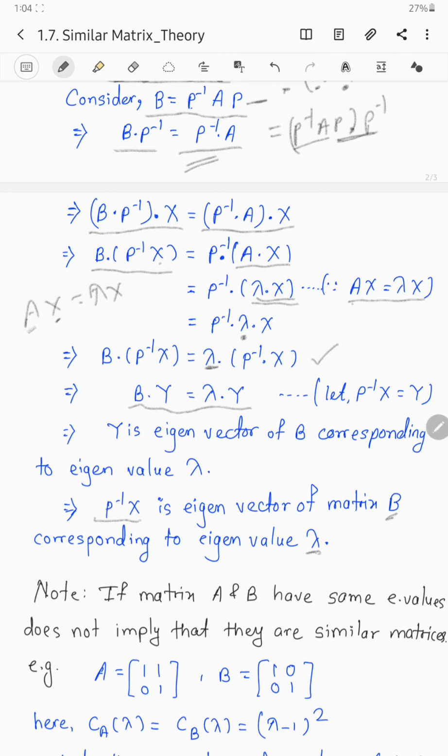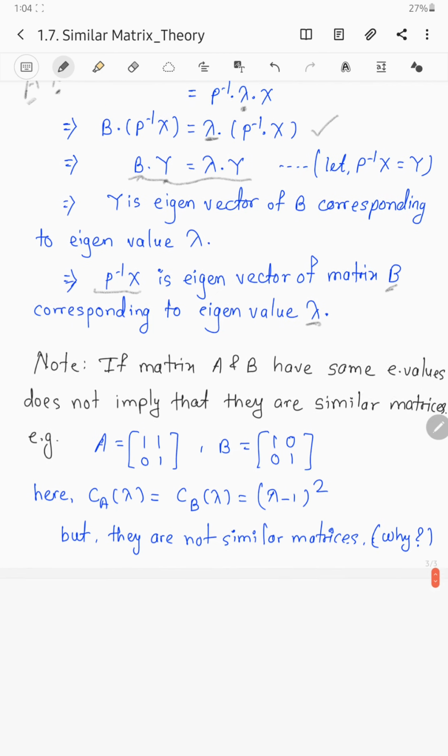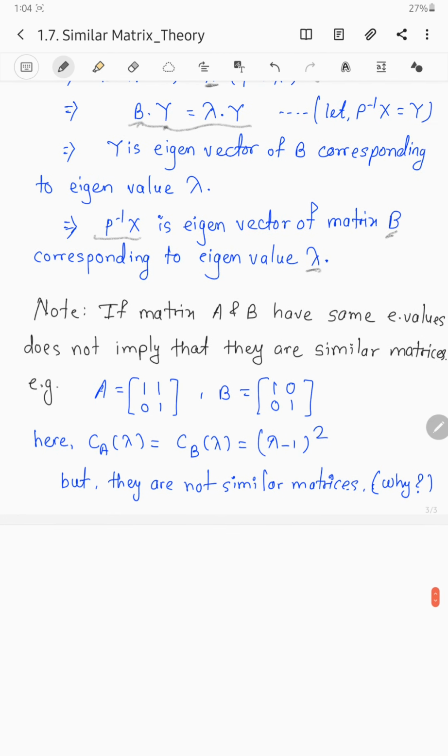For matrix A, the eigenvector is x; for matrix B, the eigenvector is y. They may be the same but need not be the same every time. So y is an eigenvector of B corresponding to eigenvalue lambda, but y is nothing but P inverse x. So P inverse x is an eigenvector of matrix B corresponding to eigenvalue lambda. Now note, if matrices A and B have the same eigenvalues, that does not imply that they are similar matrices.